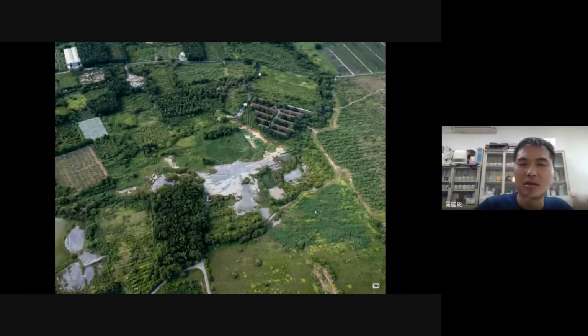So almost no buildings, nothing else, just vegetation.